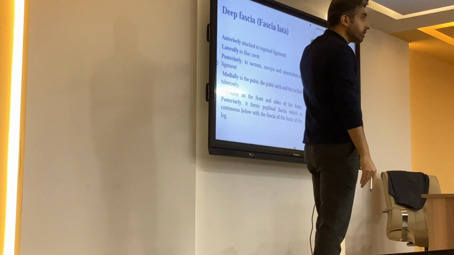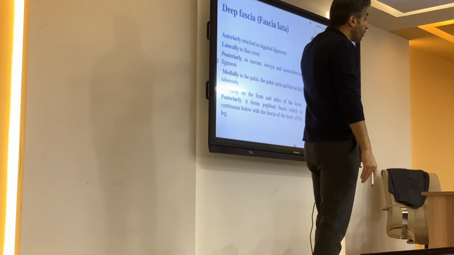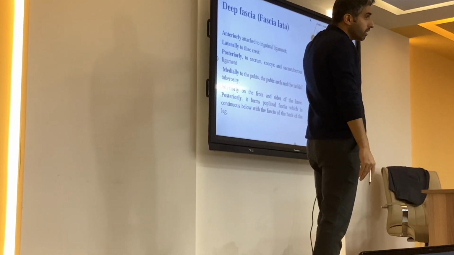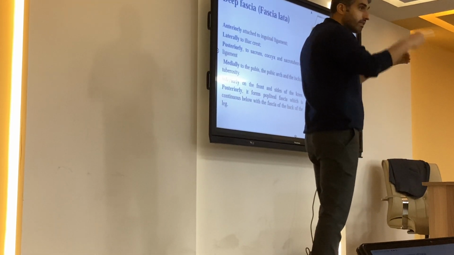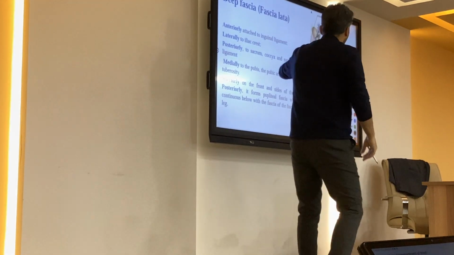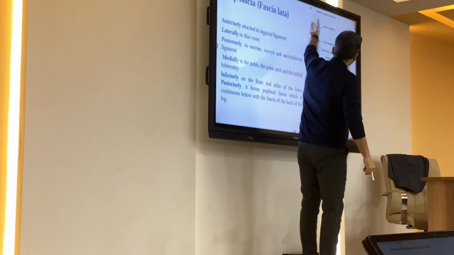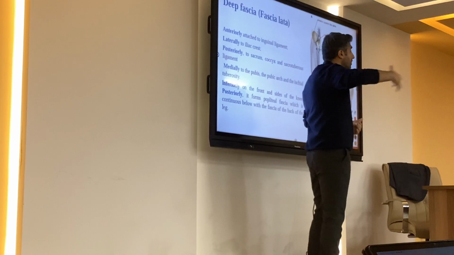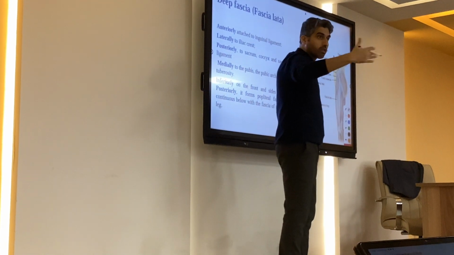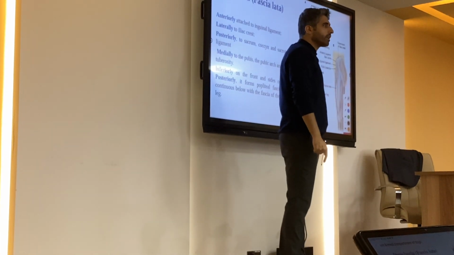Because they are superficial to the deep fascia, so they are located in the superficial fascia. If you can't see a vein, it means it is a deep vein, inside the deep fascia. Look at the vein here, a deep vein. But look at this vein, it's superficial.